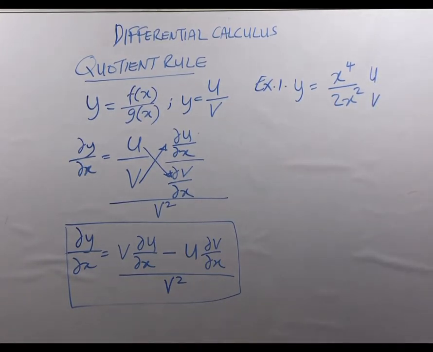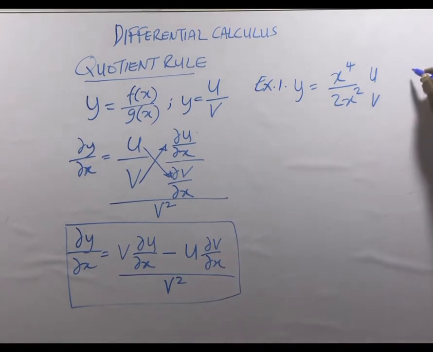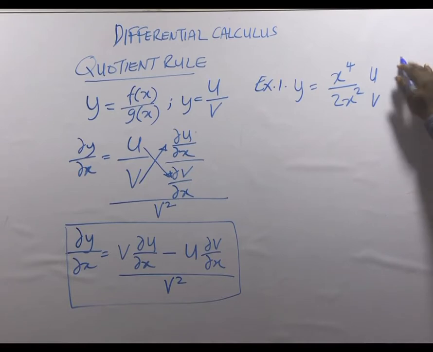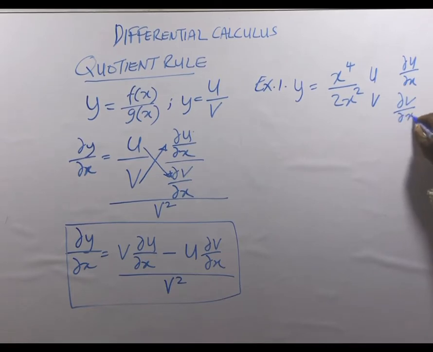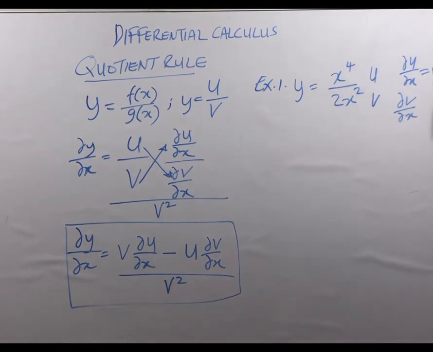According to the formula we have here, we will find du/dx and we'll find dv/dx. So du/dx, from what we've looked at before, is going to be 4x raised to power 3.